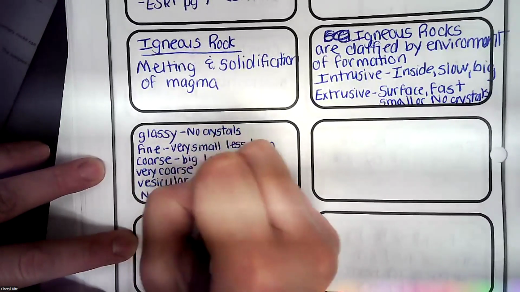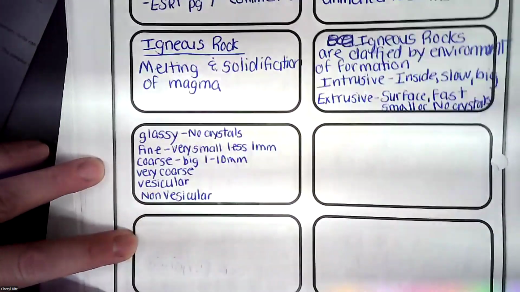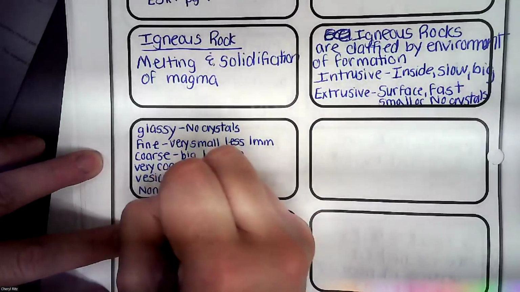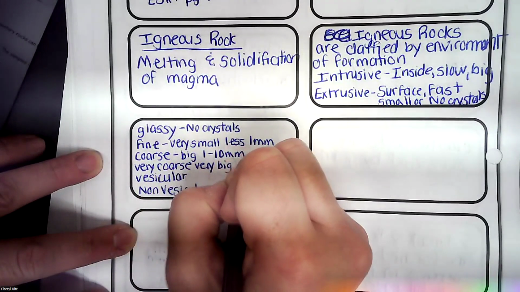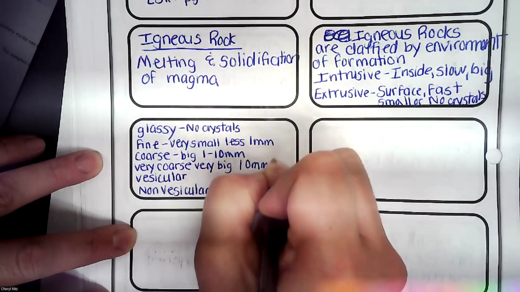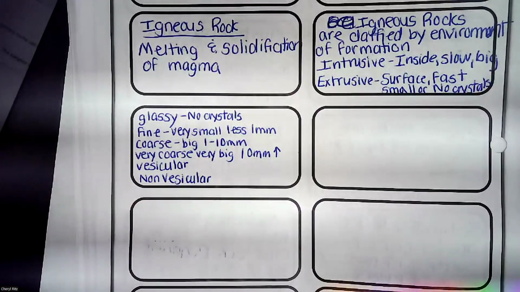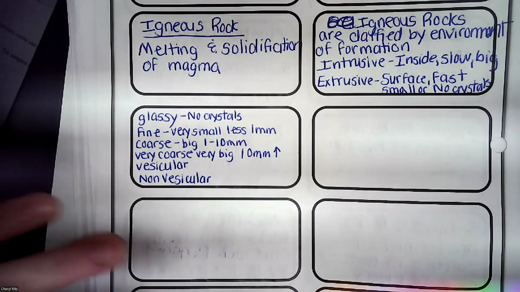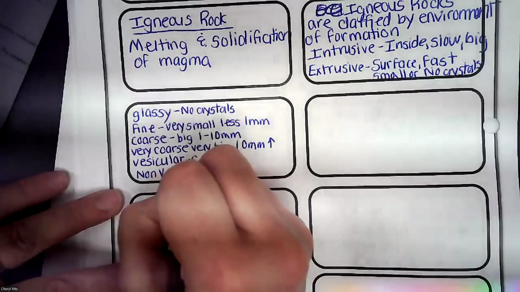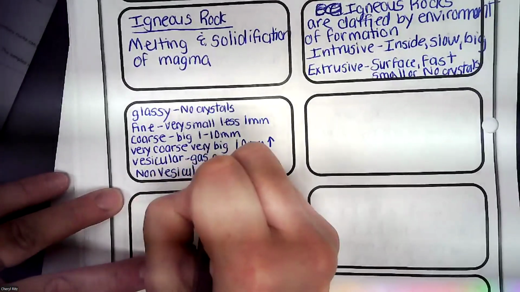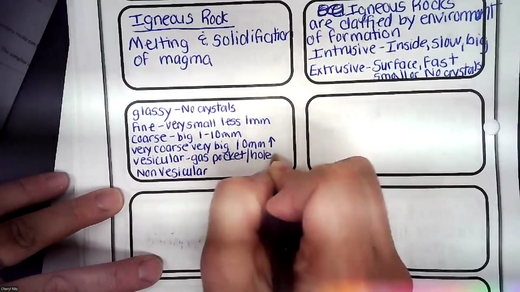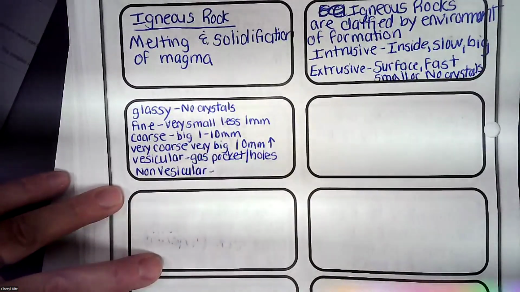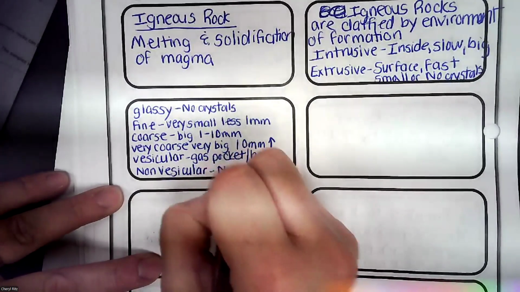They are between 1 and 10 millimeters. Very coarse, they are very big, 10 millimeters and greater. What's vesicular mean? Gas pockets. And what the heck is a gas pocket? So gas pockets, holes. And non-vesicular? No gas pockets, no holes.